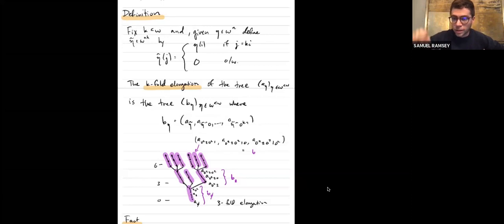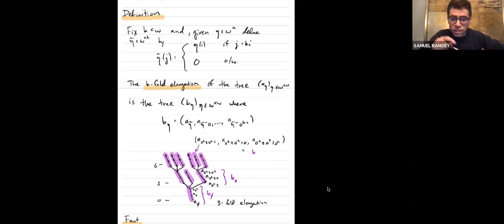And then that gives me something of longer length, where I've somehow spread out all of the entries with zeros. So I'm padding with zeros, spreading everything out by k. This is the elongation. Well, okay, it's not the elongation exactly.